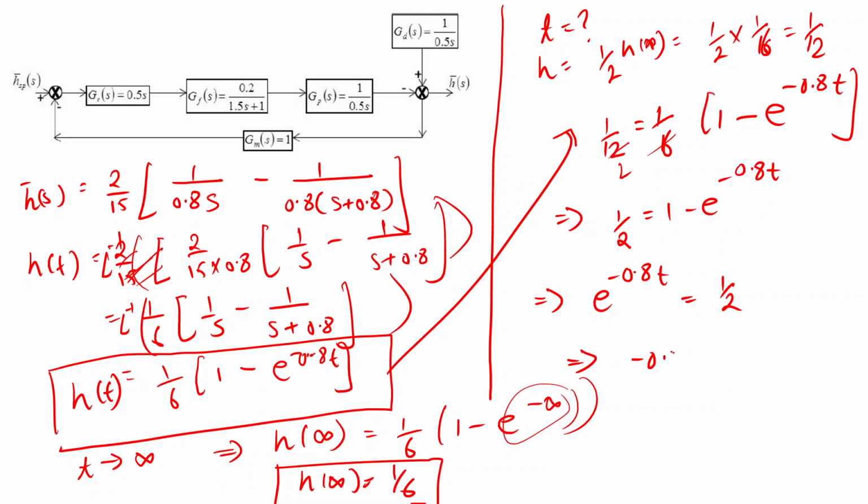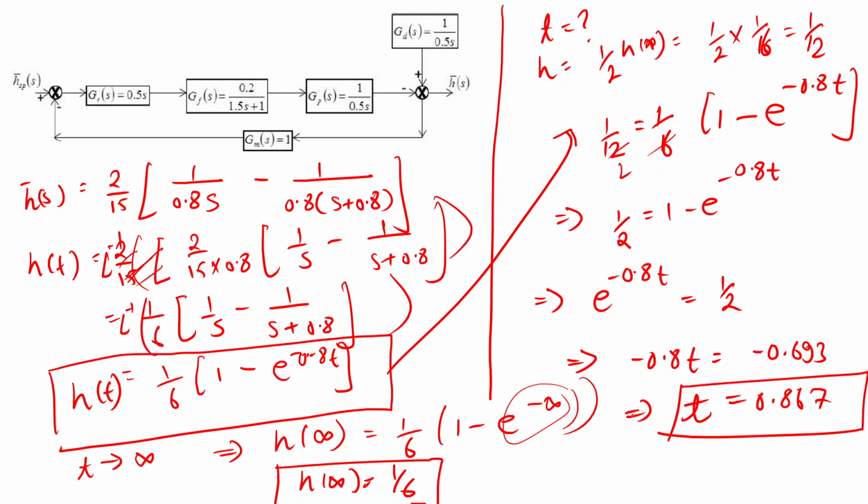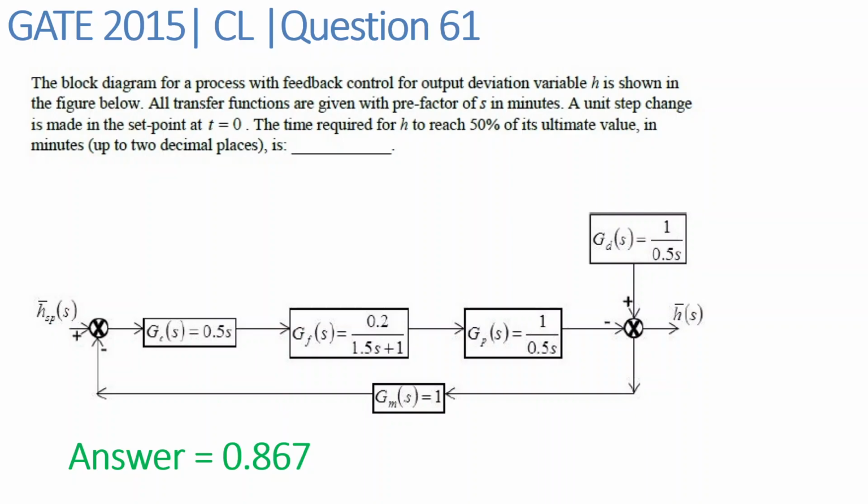You can take log on both sides, and it will become minus 0.8 t is equal to minus 0.693, that is t is equal to 0.867. So the time taken by the system to reach 50% of the ultimate value, that is 1 by 12, will be 0.867 minutes. So we will write the final answer as 0.867.